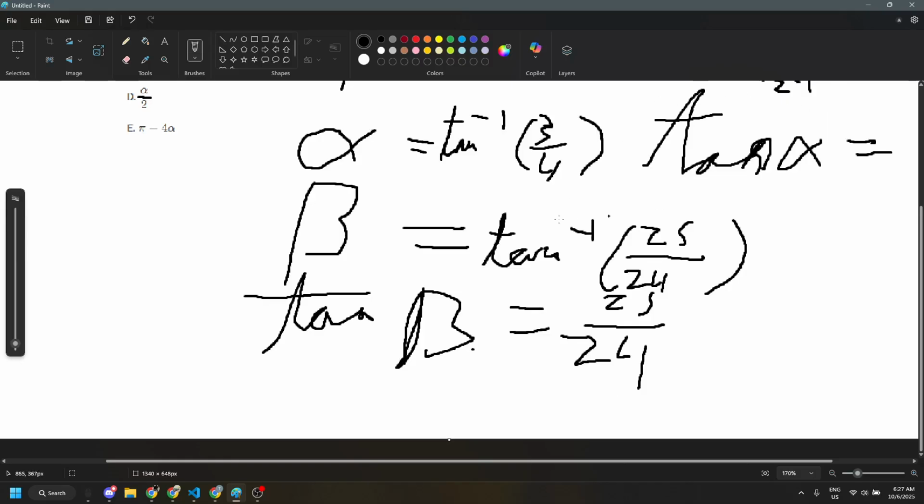There has to be some identity for tangent that I'm totally forgetting.